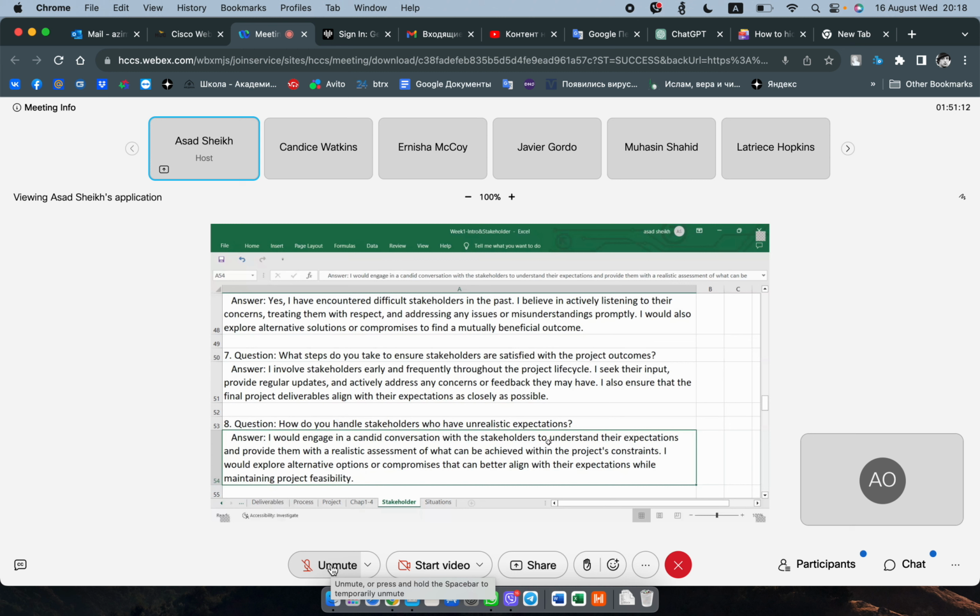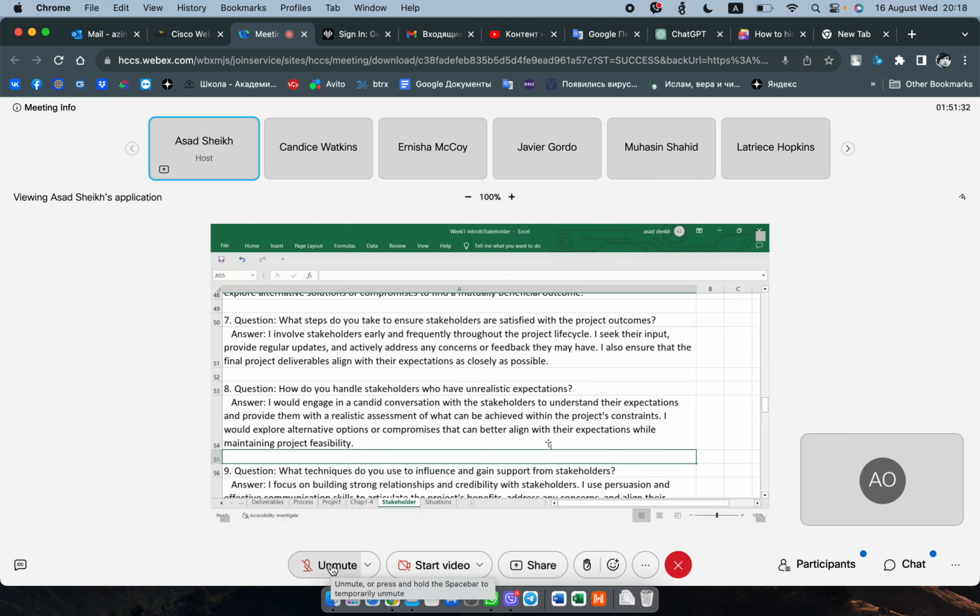Again, you're going to understand what they want, and then you're going to assess the impact. You can do the impact analysis. Again, triple constraint, and one of the constraints could be cost, scope, timeline, and then go from there.